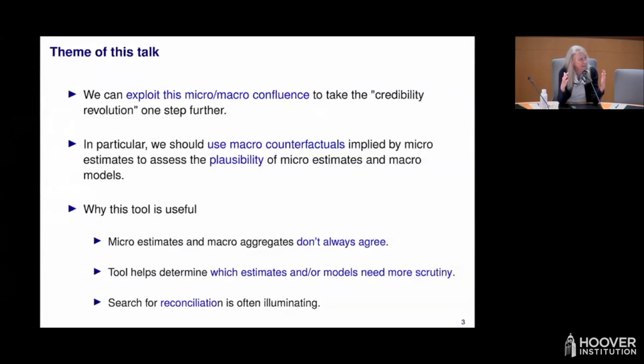So what's nice here is that it says, oh, we should look more at this estimate because there's something that's not adding up. Or we should look more at this model that translates that estimate because something's not adding up. And then what we found so far, because we have our previous paper and then this one, is that the search for reconciliation is often illuminating.